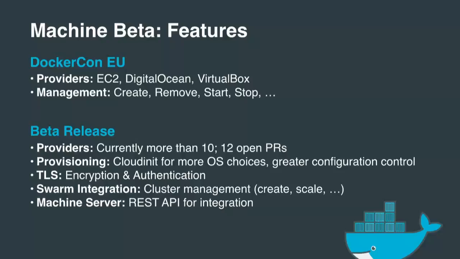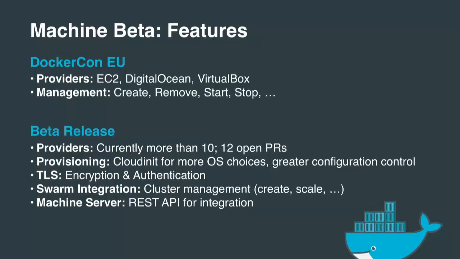So in DockerCon Europe, with the alpha, there were a few providers, EC2, DigitalOcean, and Microsoft Azure, which could do basic operations, create and remove. With the beta, we have more than 10 providers, including local from VirtualBox to remote cloud providers, with 12 open pull requests for more.